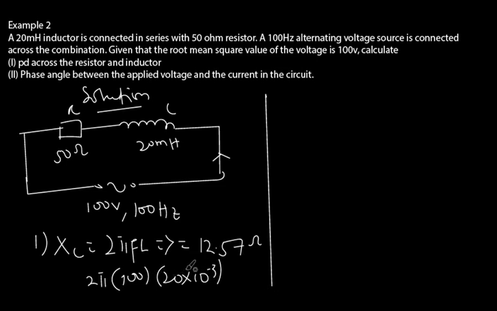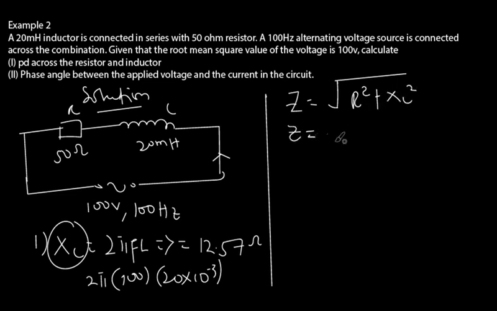Now, if that is what we have, the question is telling us the potential difference across the resistor and then the inductor. Sorry, I don't know why I keep on mentioning the capacitive reactance. So we have the inductive reactance over here. So we just need to find the impedance, that is the total resistance offered by these two components. The impedance in this case is the root of R squared plus XL squared.